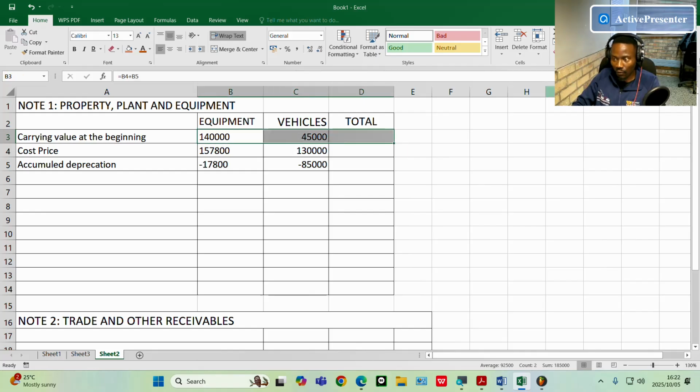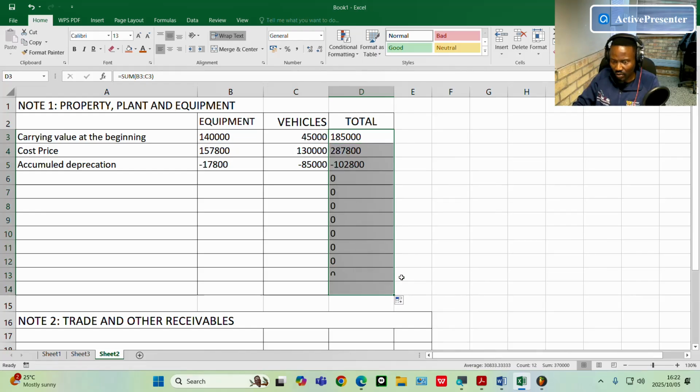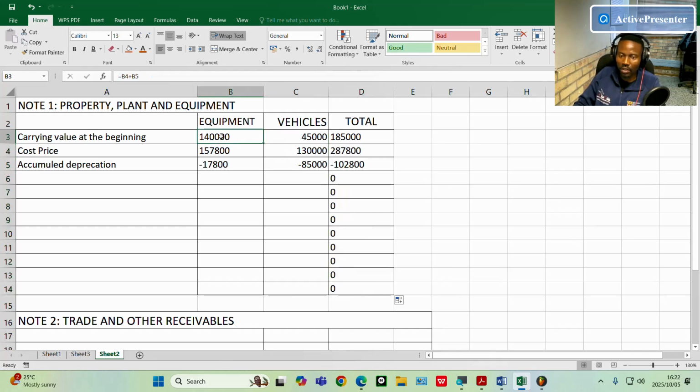Then I get the 45,000. Then here is my total. You just have to total. So in order for you to total, you take equipment plus vehicle. Same here, you take cost price plus cost price, and accumulated depreciation plus accumulated depreciation, to get the totals.